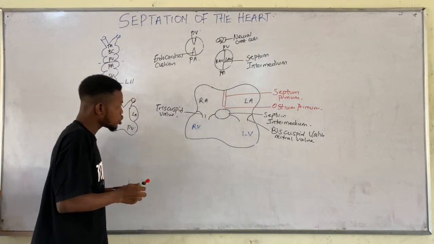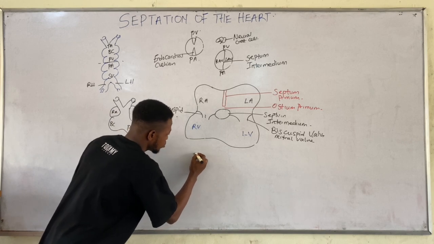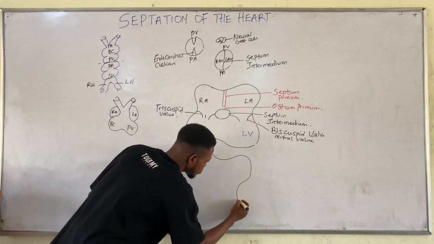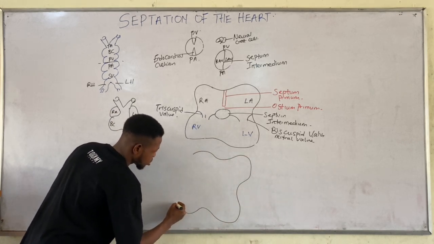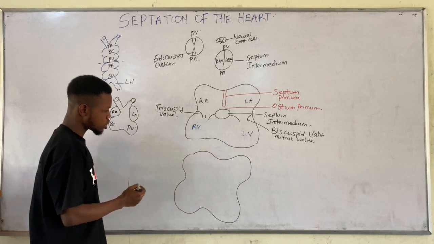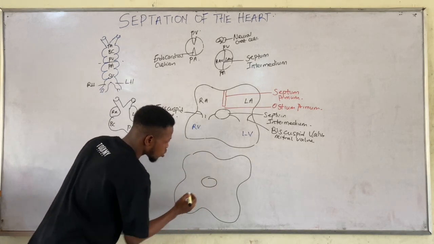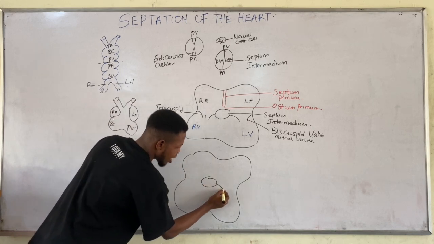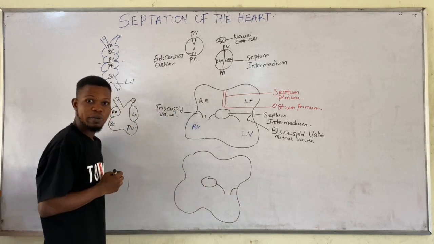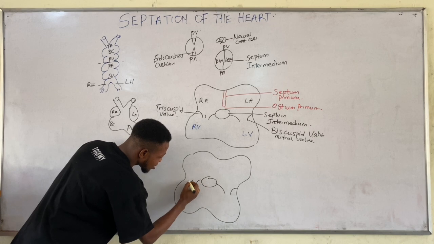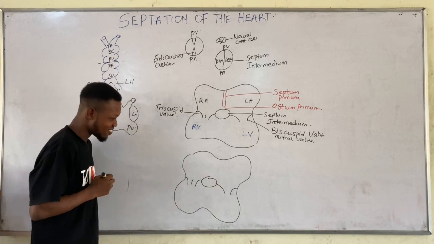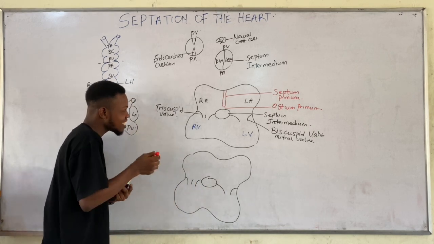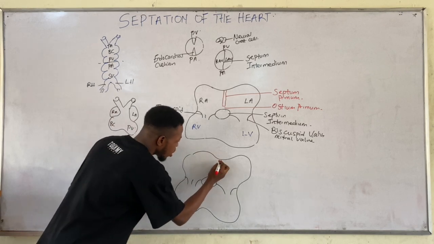Now, let's look at this. Now we have it like this. We have this as our septum intermedium. We have this as our mitral valve. We have this as our tricuspid valve.